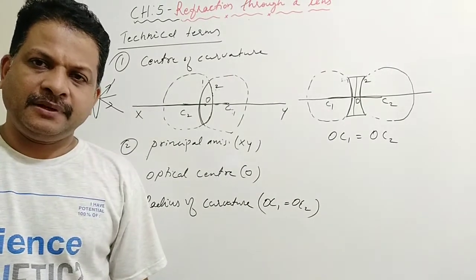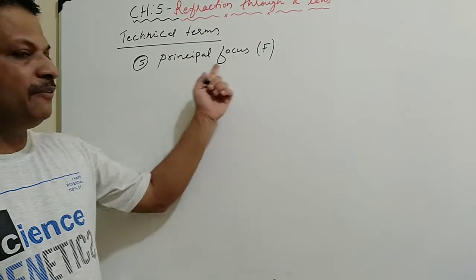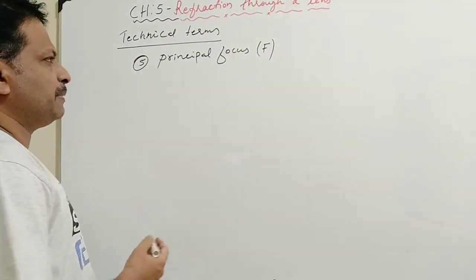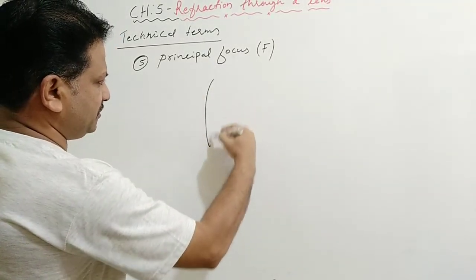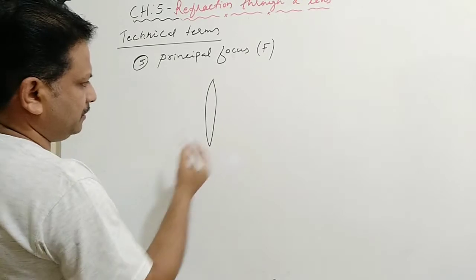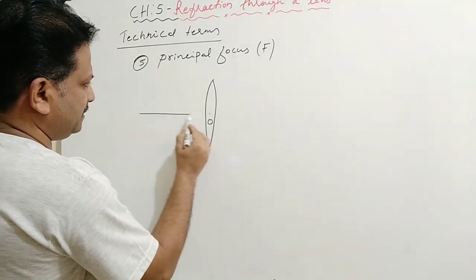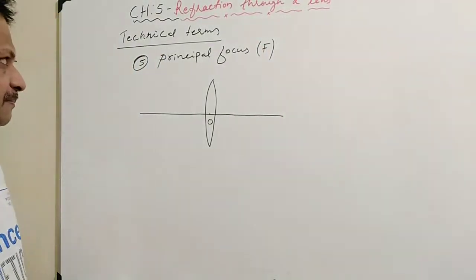Clear? Okay. The next important term is principal focus. What is a principal focus? Let us consider the case of a convex lens. The optical center of a convex lens is O, and a ray of light passing through the optical center passes undeviated.